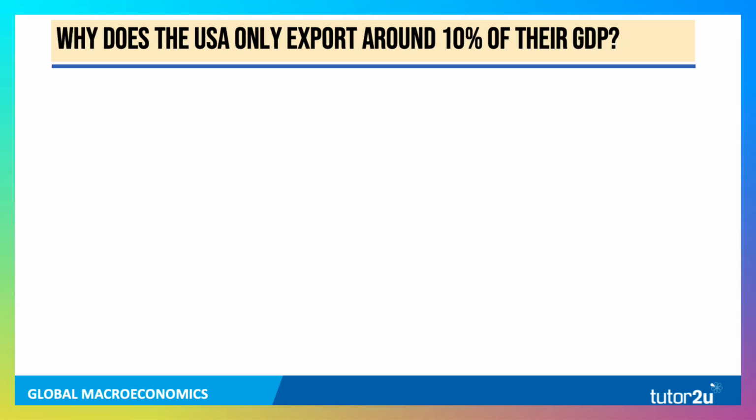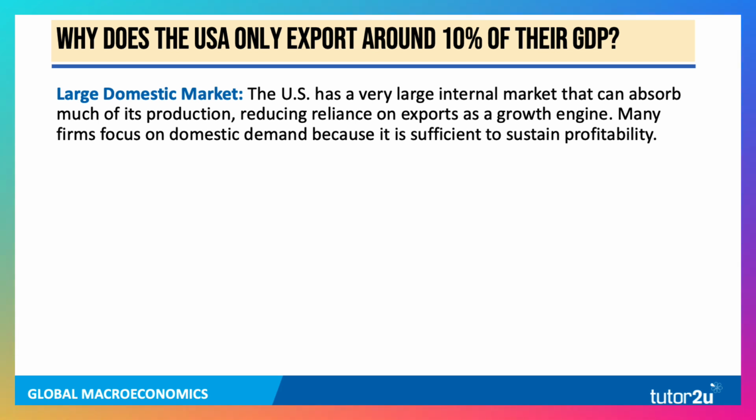So why does the United States only export around 1/10 of their annual national output and national income? Well, one reason, of course, is the size of the domestic market is so huge. Their internal market is so vast that it can absorb a huge amount of domestic production. You have the likes of Walmart and Amazon producing, supplying at scale.